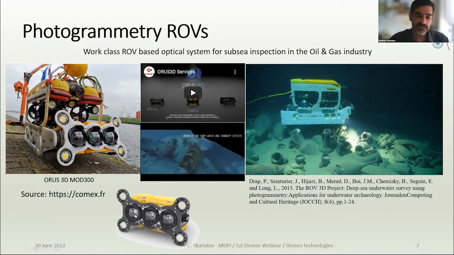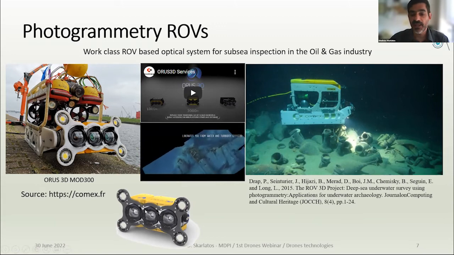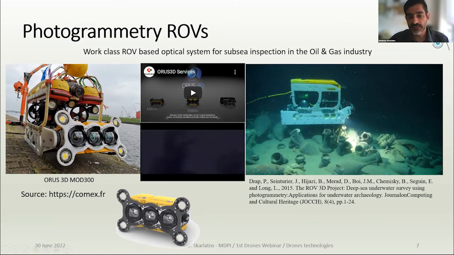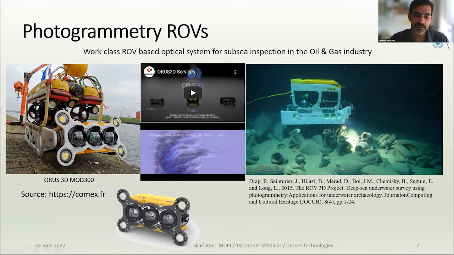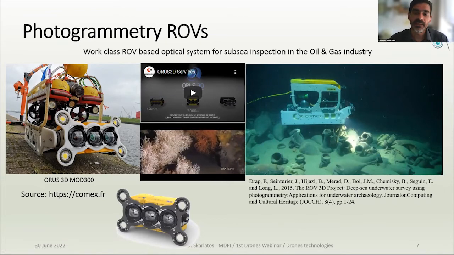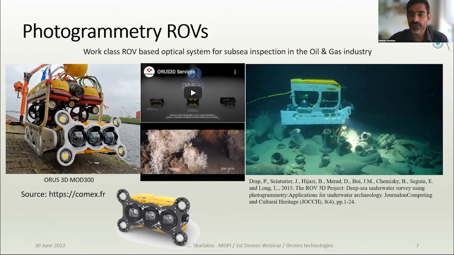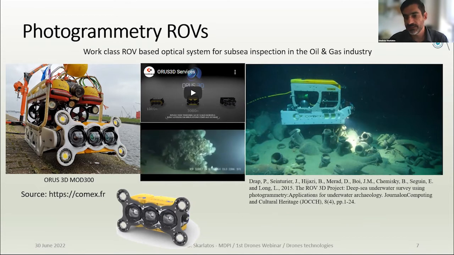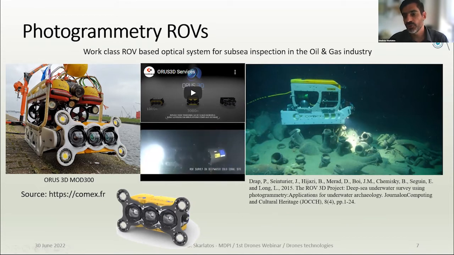You can see it has 3 eyes. The central one is a very high quality DSLR, and the other 2 are video cameras for SLAM, simultaneous localization and mapping. And the other thing I would like to highlight is for you to note the proximity to the object.